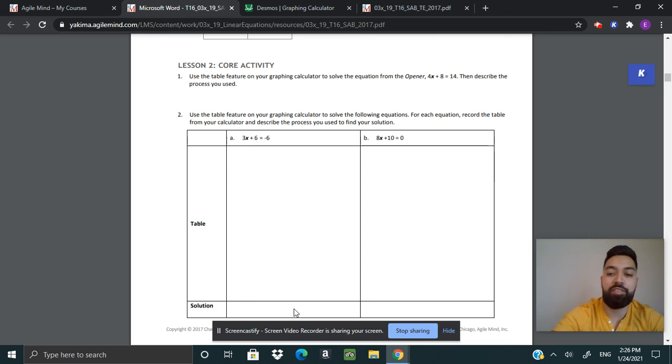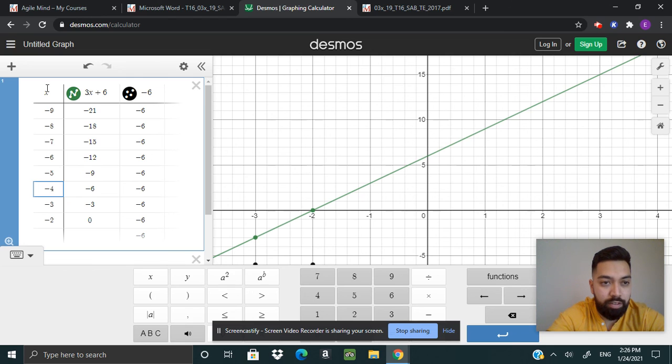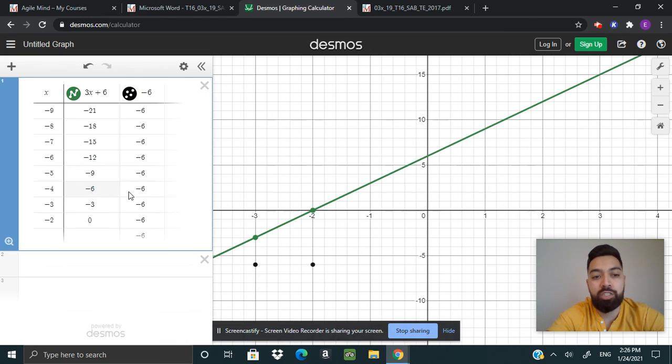Or you can write it in there if you have your book. I keep saying type in there because I'm using a computer. But you're going to put in X equals negative 4. That's the solution right here. X equals negative 4 because we saw these matching values. That's where those two equations are equal to each other.